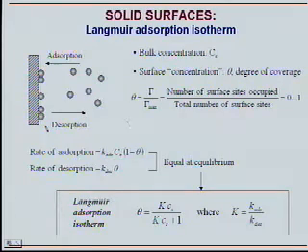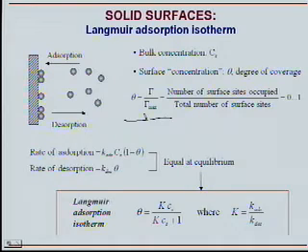So the parameter that is used is the degree of coverage. You can assume that the molecules are, let's say, spheres of some size. They each occupy a certain area, and you can only put this much on the surface before you cover all of it. This would be the maximal adsorption on the surface.